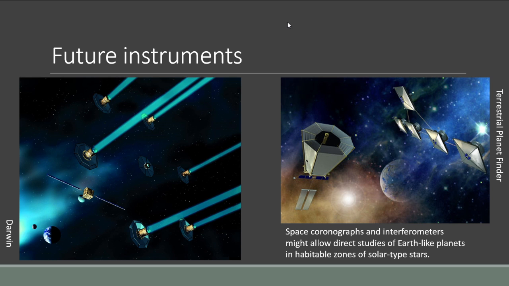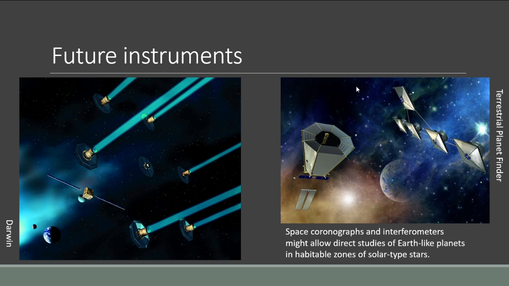And definitely the next big step would be to make space systems, because it seems that it's impossible to make such systems on Earth. Space systems which will allow us to obtain direct images of Earth-like planets in habitable zones. So there are two difficulties. Habitable zones means that planets are close to their stars, and so you need to cover the star somehow.